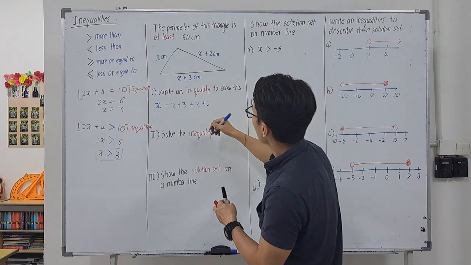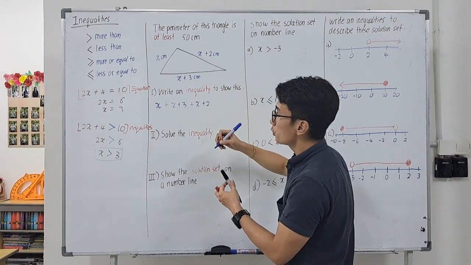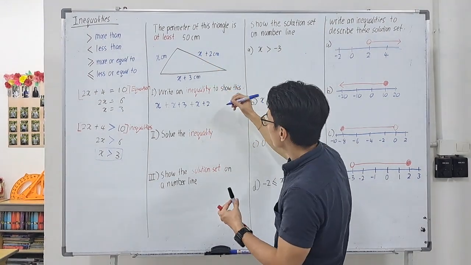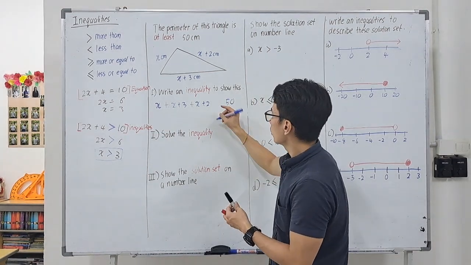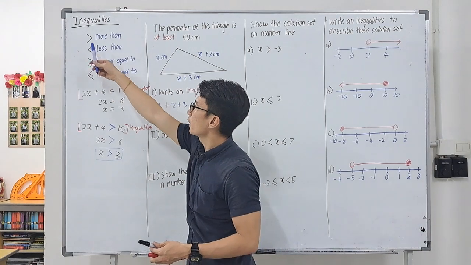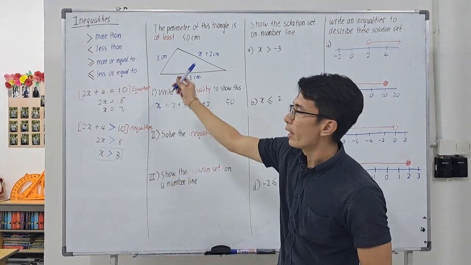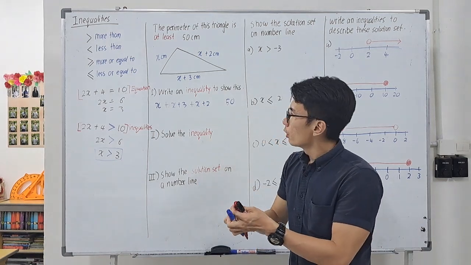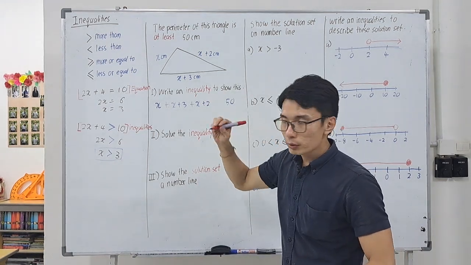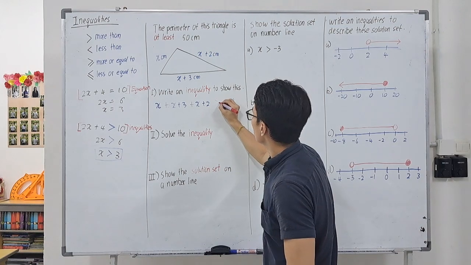I know all of this is going to be at least 50, so I'm going to write 50 down here. So what is the inequality sign that I have to put for at least? For this one, the correct symbol to put is this one.